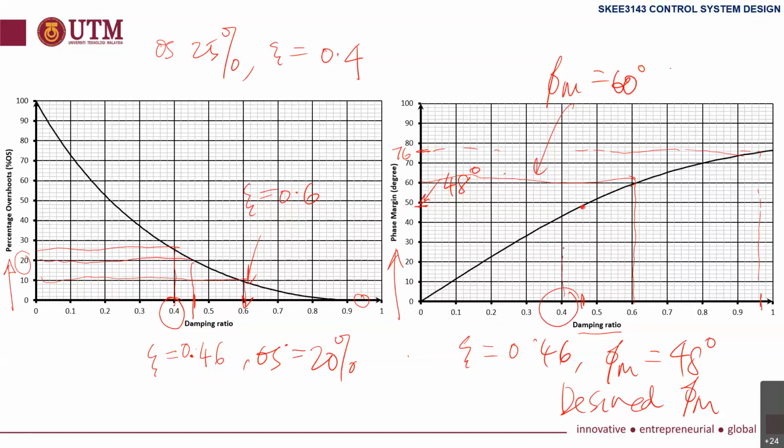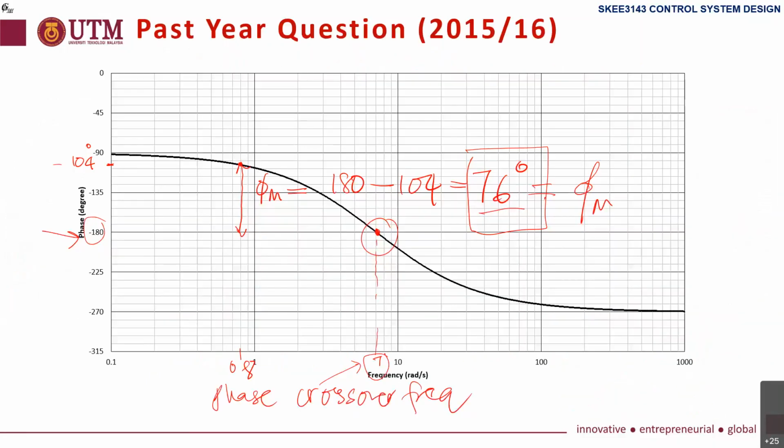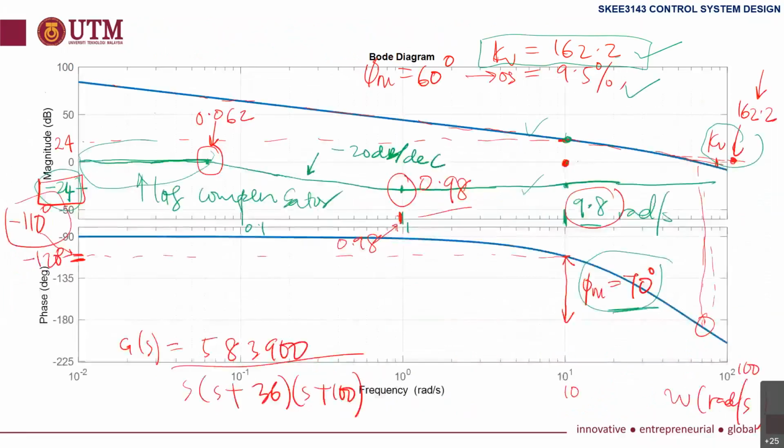We can get the phase margin. Phase margin about 44 degrees. That is answering the first question. We go back to the question.